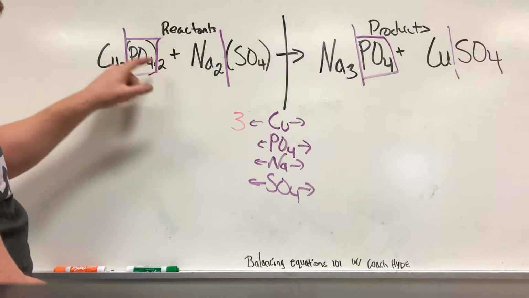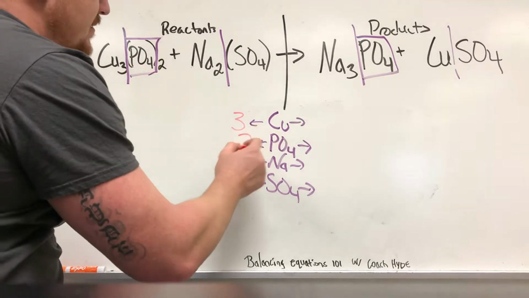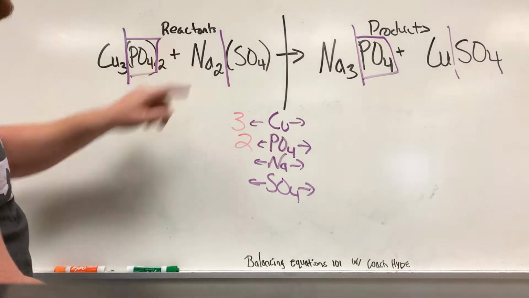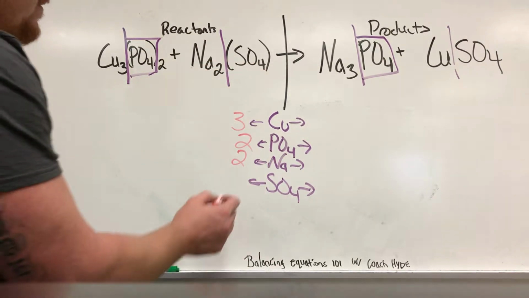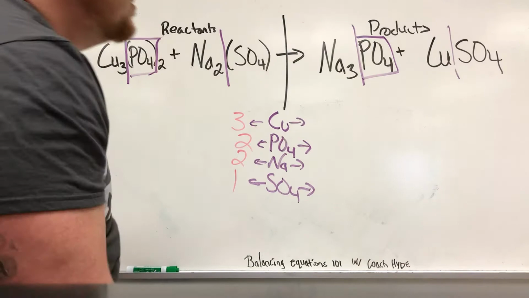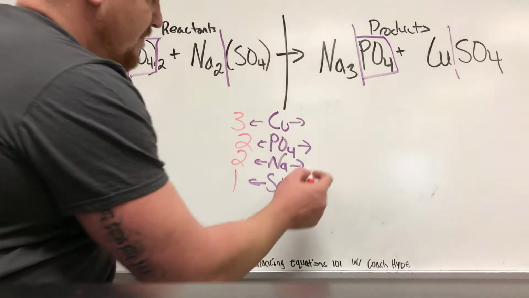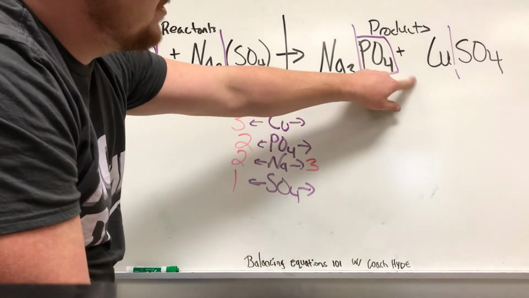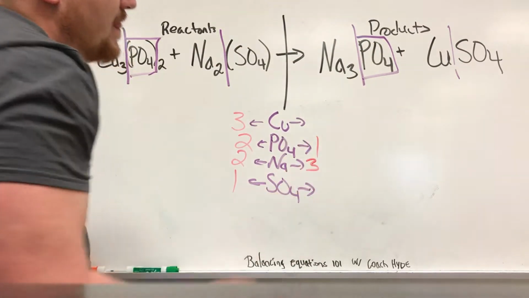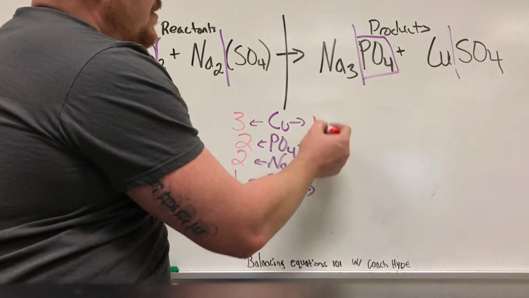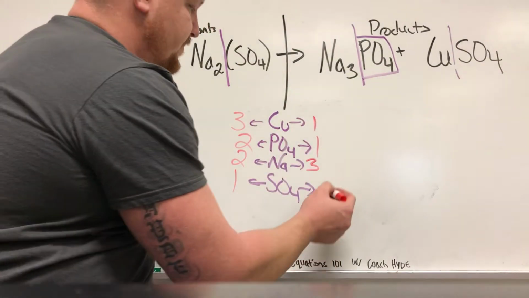I have 2 phosphates, 2 sodiums, nothing out here, so just 1 SO4 all by itself, 1 sulfate. I have 3 sodiums, no subscript out here, so I have 1 of these phosphates here, 1 copper, 1 sulfate.